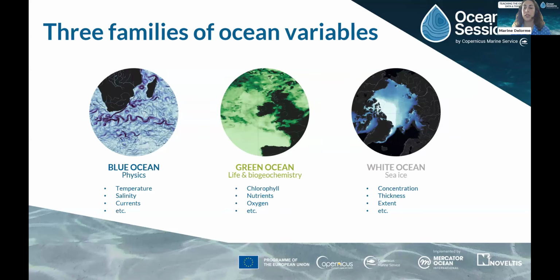And the green ocean includes biogeochemical indicators like chlorophyll, nutrients, oxygen, carbon, pH, and ecosystem-related variables. This means access to a very wide range of possible topics: climate change, marine heat waves, biodiversity, polar regions, extreme events, all from a single coherent data source.